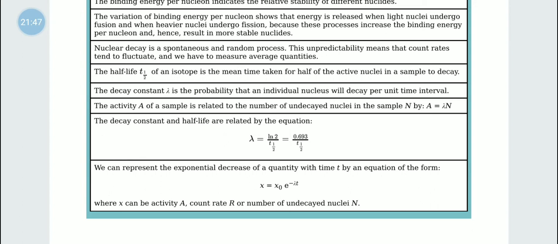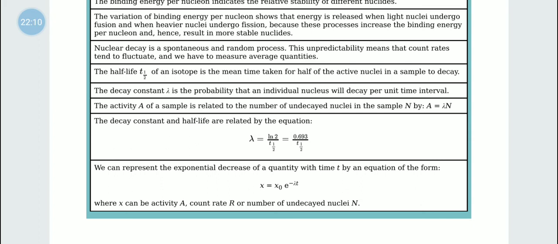We got an equation for activity related to the number of undecayed nuclei in the sample, A equals negative lambda N. Then the decay constant and half-life are related by the equation lambda equals ln 2 divided by t half, 0.693 divided by t half.